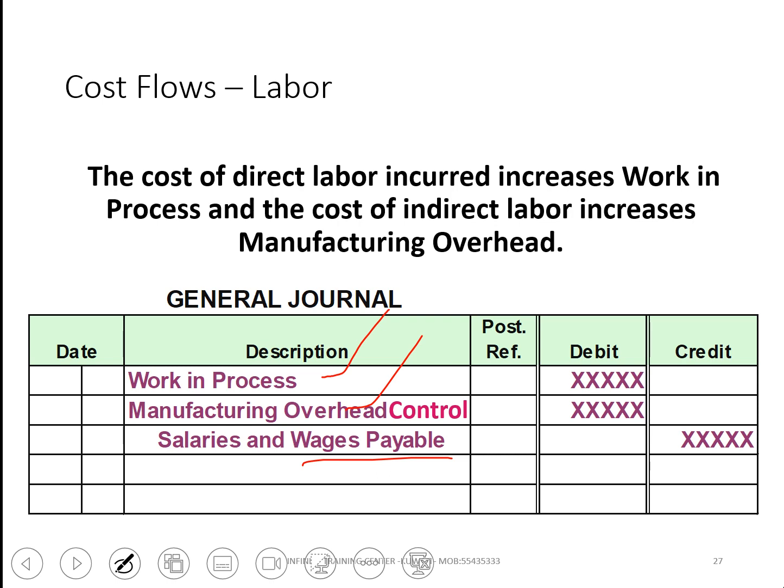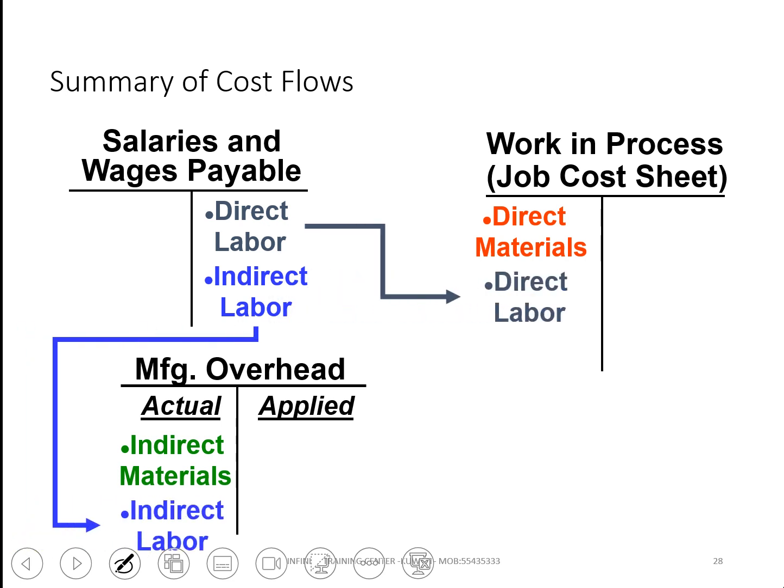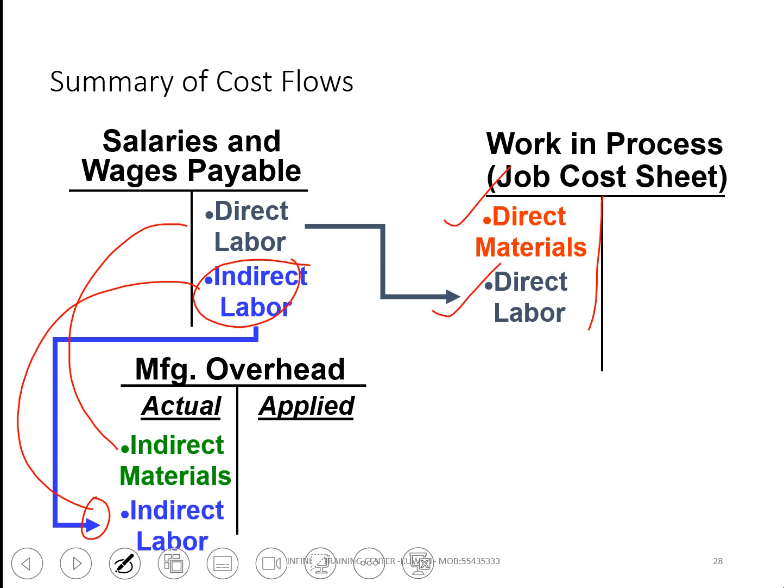You can see here, we are debiting direct labor in work in progress to get the total cost of material and labor. Same here, indirect labor cost has gone to manufacturing overhead control account.